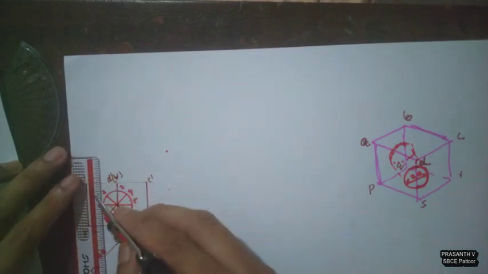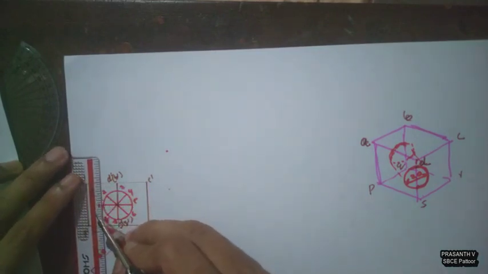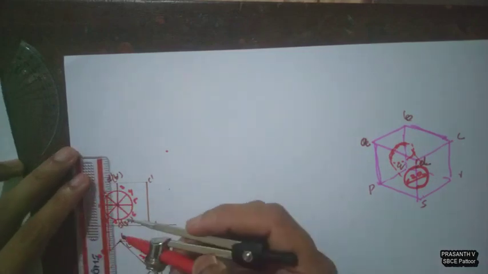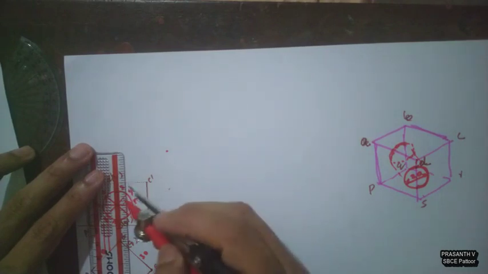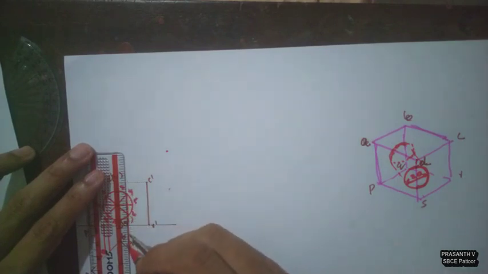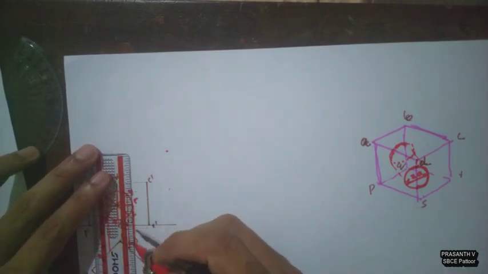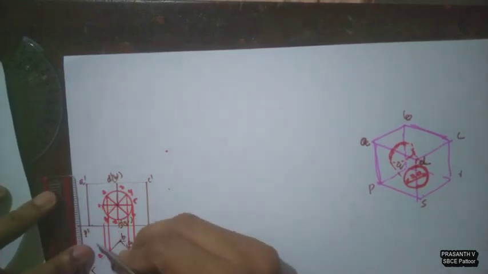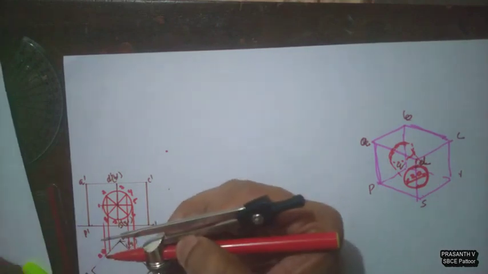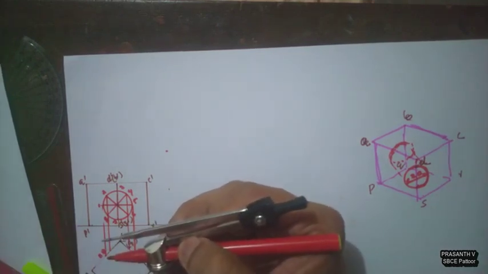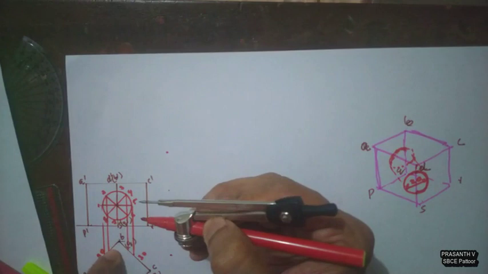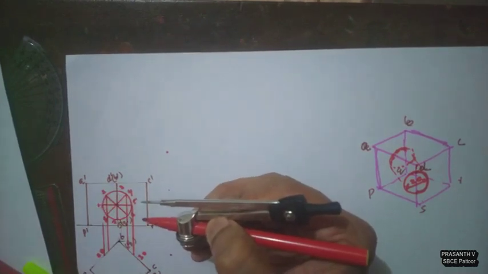I am just projecting point 1 to the top view, 2, 8 to the top view. Similarly, all these points I just projected into the top view. From 1 I draw a perpendicular line to the face AB PQ of the top view. Then 2, 8, B is already here, no need to project it. Then 4, 6 and 5.